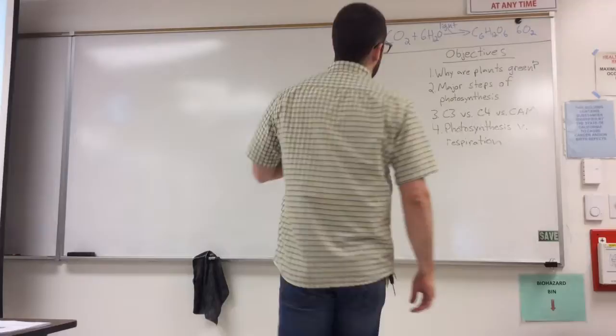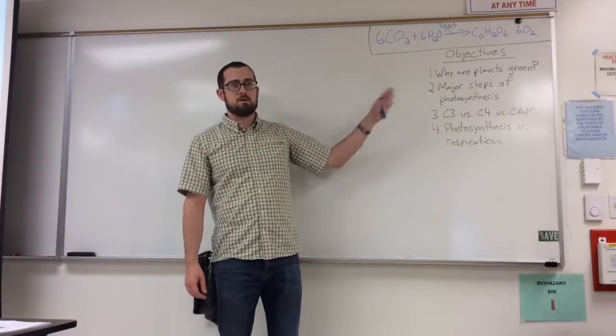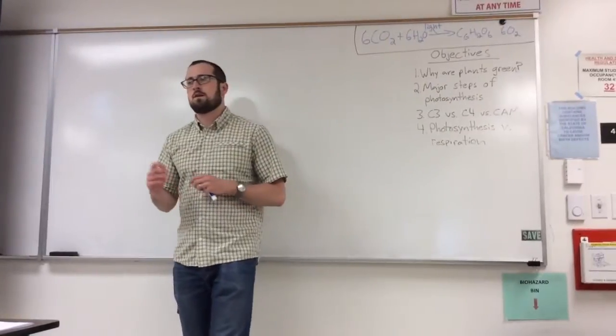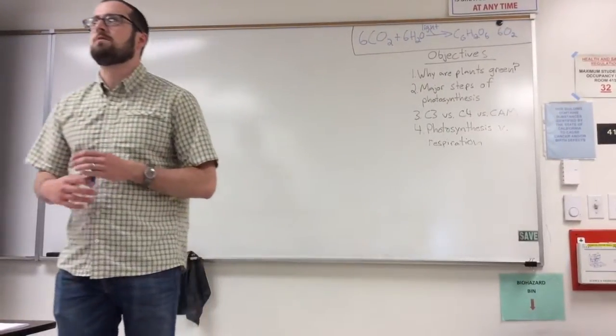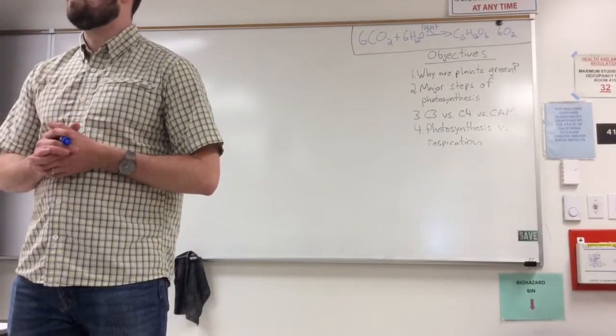All right, so our objectives for today's lesson are these. And so these are kind of big picture ideas that you should be able to say something about after going through the lesson.